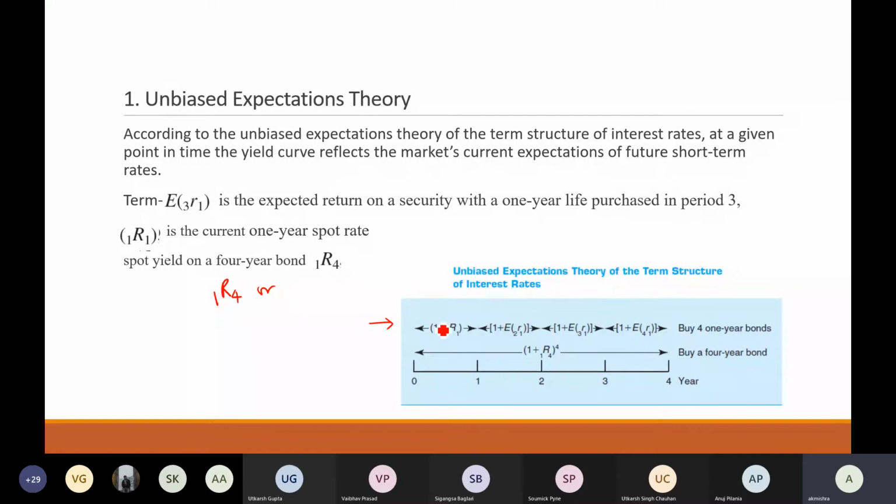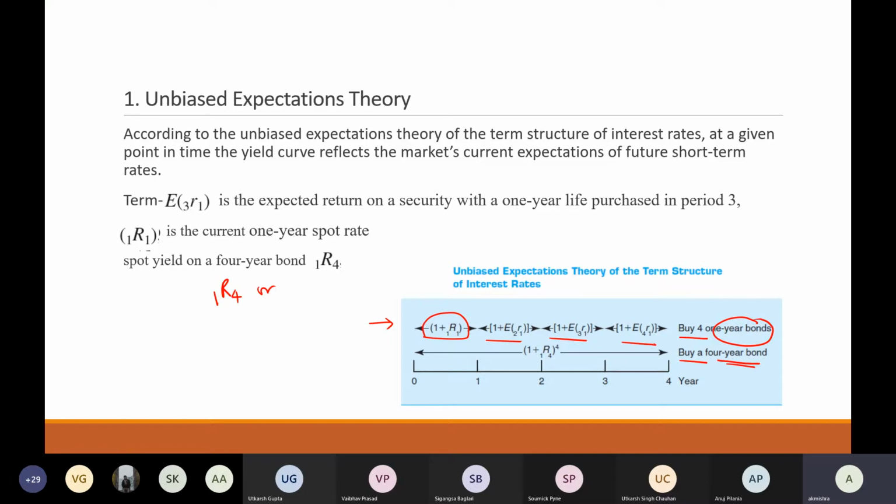This means you buy a 1 year instrument, and then you purchase another instrument of 1 year maturity. So basically you are buying 4 1-year bonds versus buying 1 bond of 4-year maturity. You are going to be what we call unbiased, or you will have the same kind of expectation.